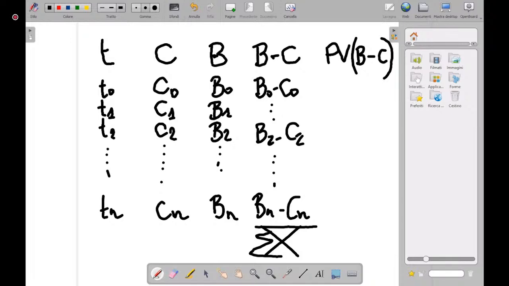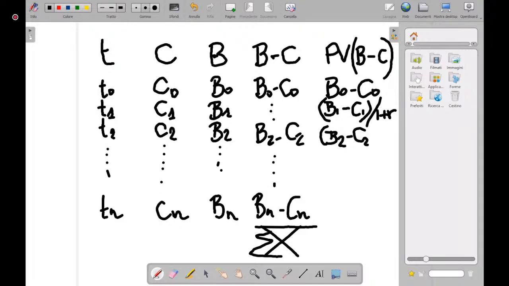You have to calculate the present value of each one of the net benefits. So it means benefit 0 minus cost 0, and then benefit 1 minus cost 1 divided by 1 plus r, and then benefit 2 minus cost 2 divided by 1 plus r at the power of 2.